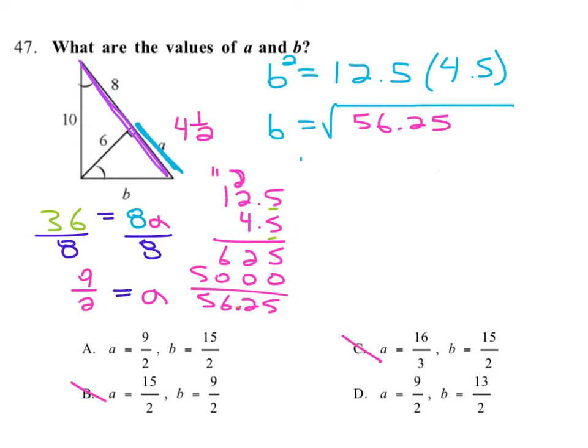56.25. And since you have calculators, you can square root that amount, and when you square root it, you get 7.5, which is the same as 15/2.